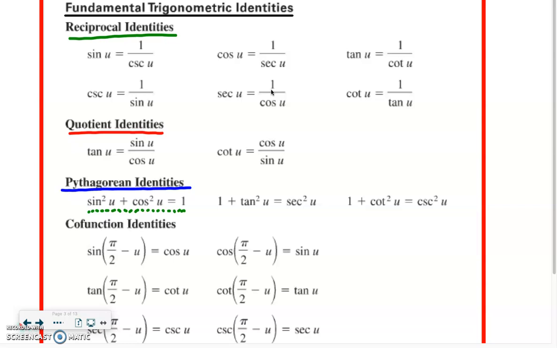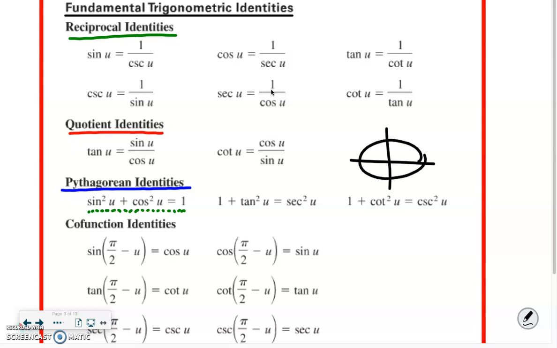Now, we call these Pythagorean identities. Do you suppose it has something to do with Pythagorean theorem? It actually has everything to do with Pythagorean theorem. If you remember, on the unit circle specifically, cosine is the adjacent, sine is the opposite, but those are the 2 legs of the right triangle that we'd created. See what I'm talking about here?